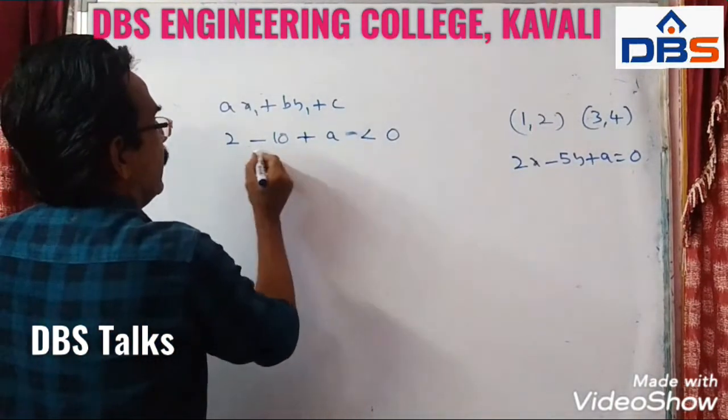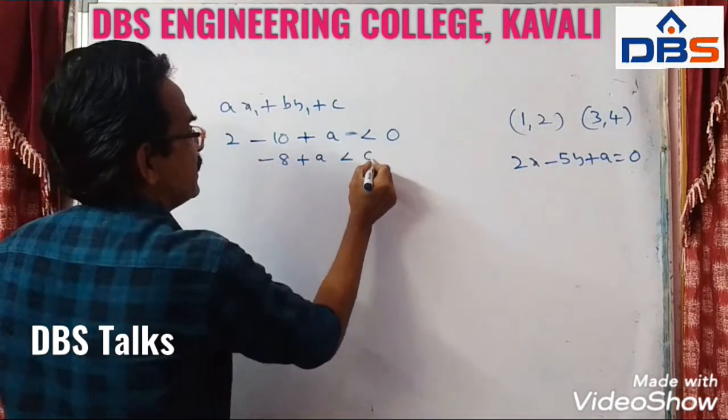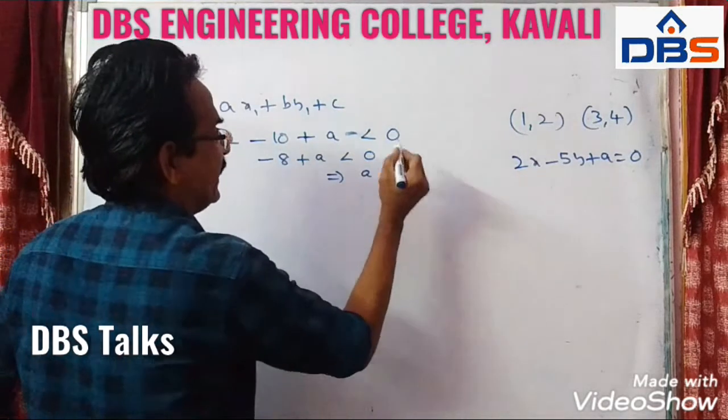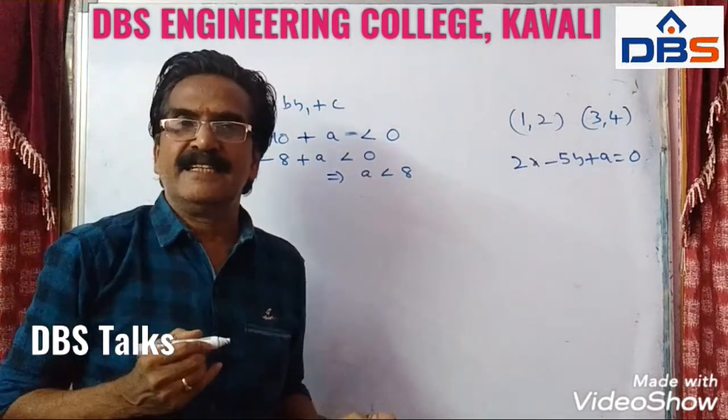So minus 8 plus a less than 0, it implies a less than 8. Right friends? a less than 8.